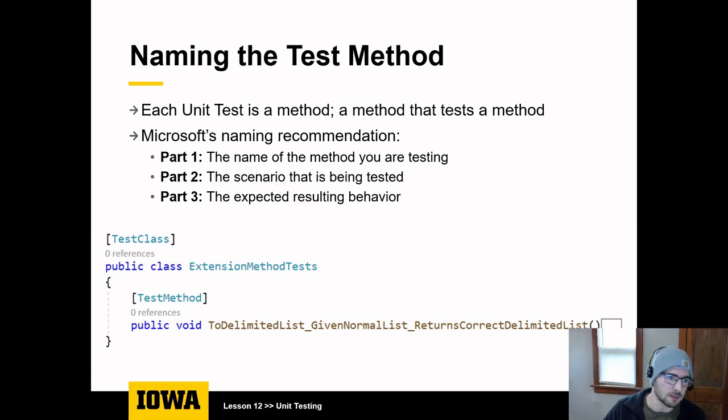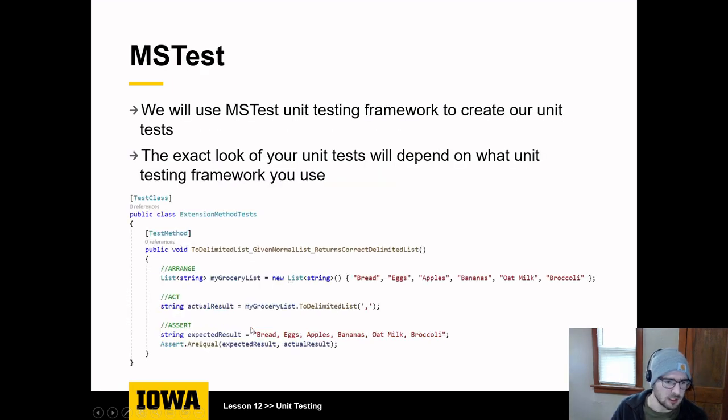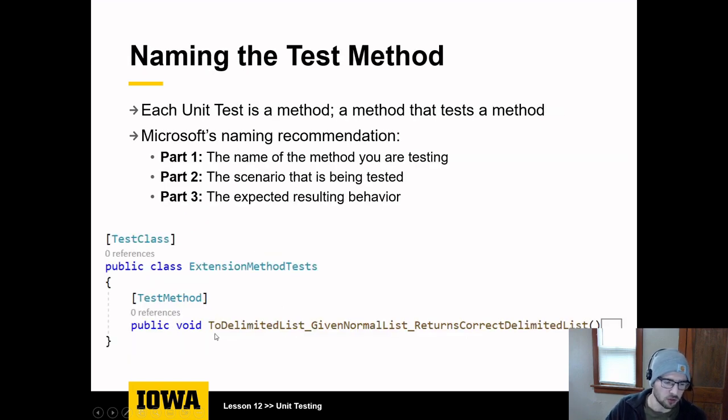Okay, let's break it down. Part one is the name of the method we are testing. If we're writing a unit test for toDelimitedList, which is what we're doing here, then the name starts with toDelimitedList. Part two is the scenario being tested, here given a normal list. That describes the situation we're in when we're testing it.